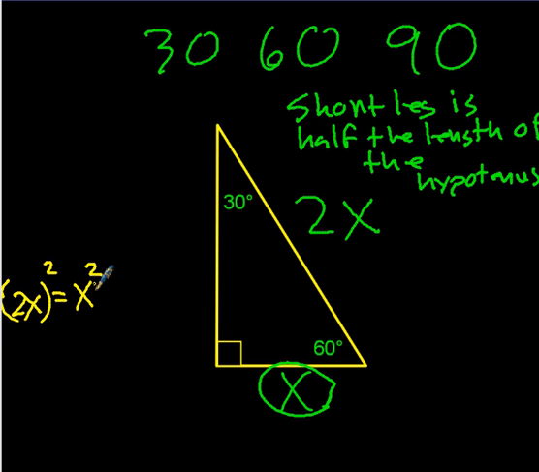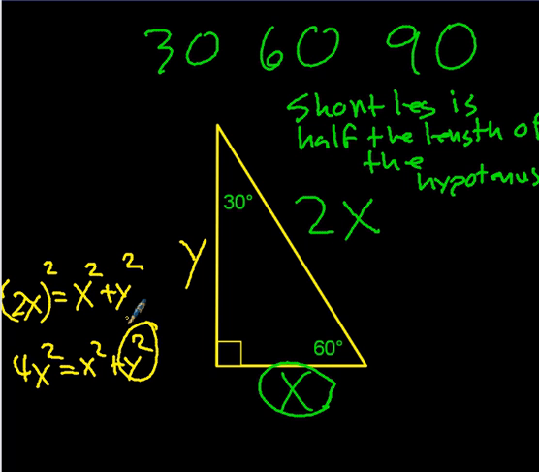I'll just call it y plus y squared, and then I'll substitute back in terms of x. 2x quantity squared on the left is 4x squared equals x squared plus y squared, and I'm solving for y now, not y squared, I'm solving for y. So now I'm going to subtract x squared from both sides, and I'll have 3x squared equals y squared.